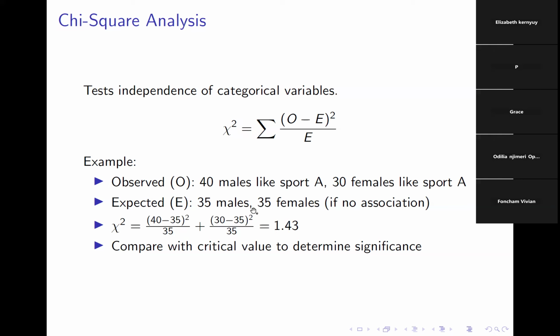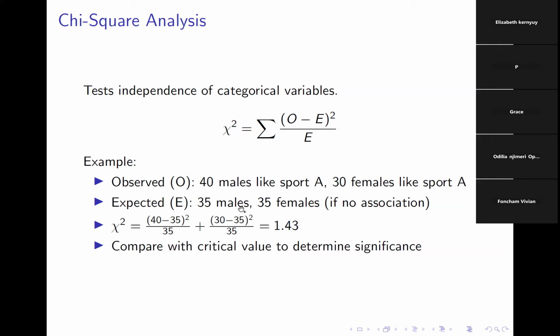But this example is not talking about colors or meals. This example is talking about sports, where you want to look at the variation between people who like different kinds of sports. Maybe some people like football, and others like handball. And then you have observations where you collected data, and it turned out that 40 males like sport A and 30 females like sport B. Sport A, sorry.